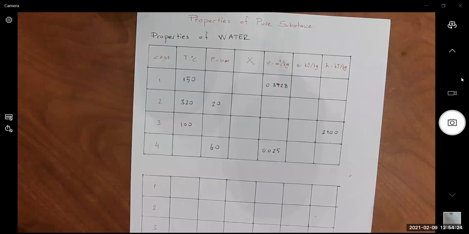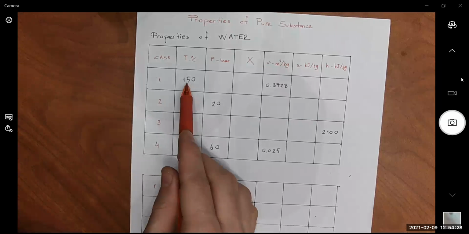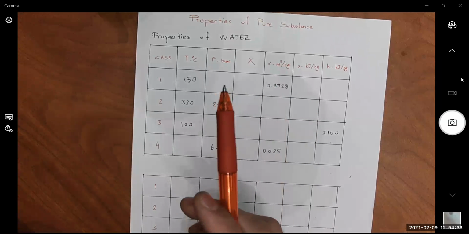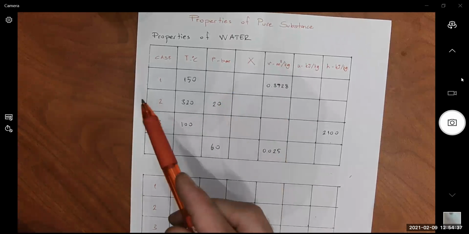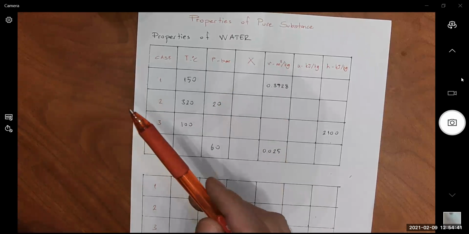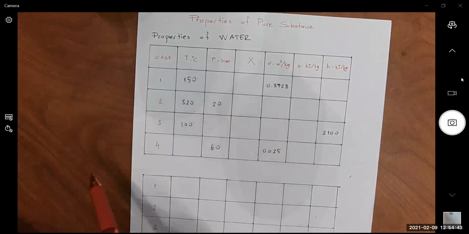If you look at your known properties, temperature and specific volume, and go to the guideline that I gave you in the previous lecture, you will see that for a given temperature, you go to a temperature-related table, which is table A2.